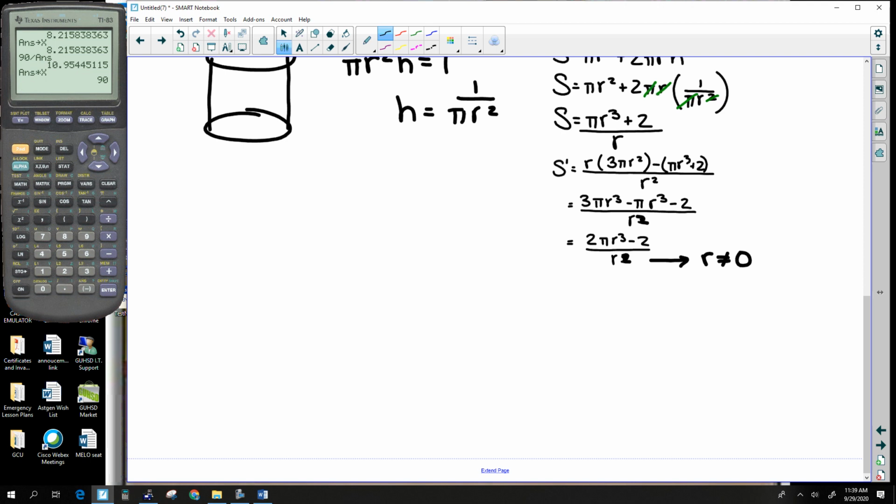The top is r to the third, that's for sure. All right, and the other part of this is where is 2 pi r to the third minus 2 equal to 0? So this would be plus 2 divided by 2, so pi r to the third is equal to 1. So that means r is equal to the third root of 1 over pi.